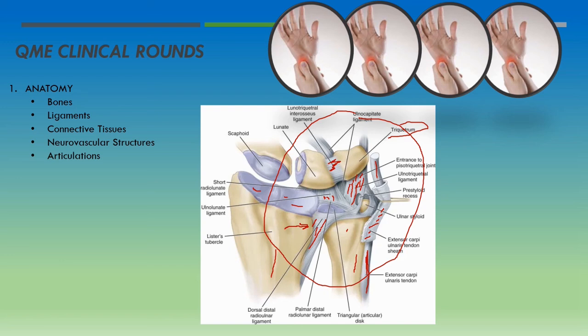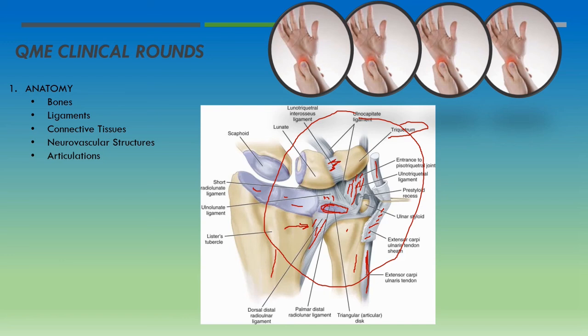And then at the distal articular surface of the ulna, we have an articular triangular disc right in through here. Now the articular triangular disc is of varying thickness in individuals.